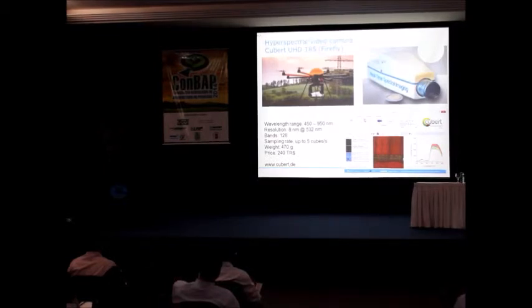It takes full spectral images, 4 images per second with 128 bands. So this is really a big thing, very interesting. Unfortunately, of course, it's quite expensive. So currently for research only. But they promised me it will become cheaper if you buy a lot of them.